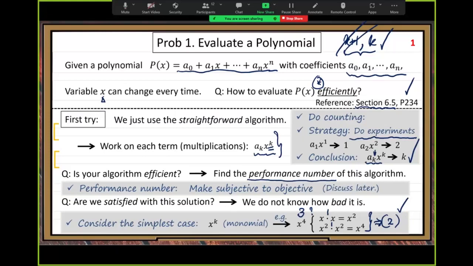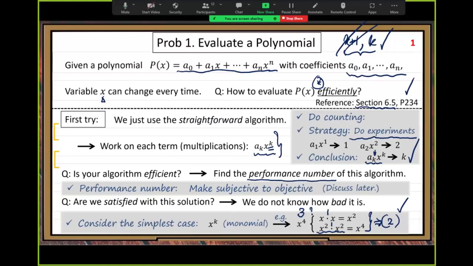We do not really need 3 multiplications. We can save 1. Here you can see by some special way, especially the second multiplication, because we have the x squared value, we just use x squared multiplied by itself to get x to the fourth.